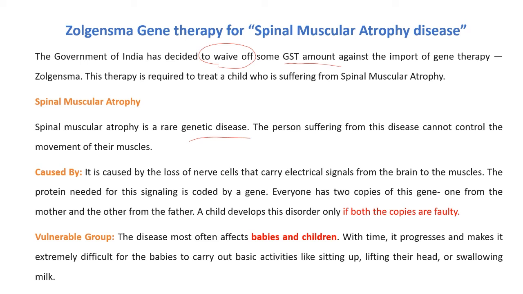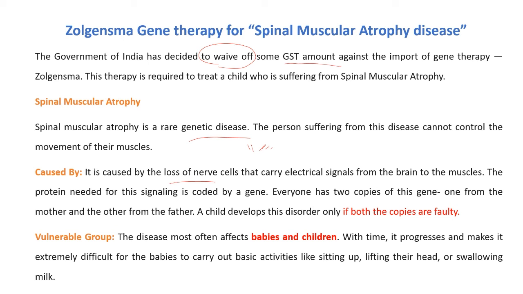What are the causes? It is caused by the loss of nerve cells that carry electrical signals from the brain to muscles. The protein needed for this signaling is coded by a gene. To do any activity in our body, we need signals from the brain to act on the muscles. These nerve signals are coded by the gene responsible for that specific protein.